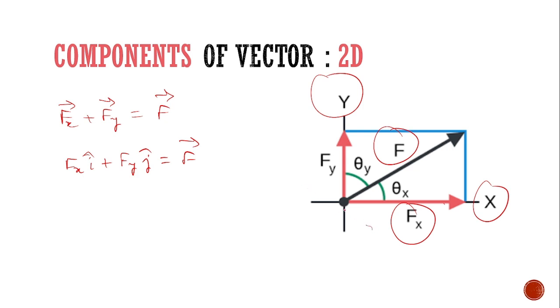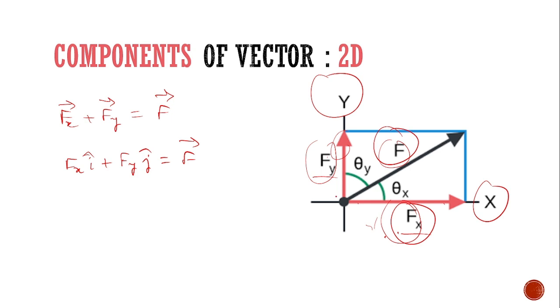It is very simple because the fy component has no influence in the direction of fx, and the fx component has no influence in the perpendicular direction of it. As a result, fy is independent of fx and fx is also independent of fy. But f is totally dependent on fx and fy.